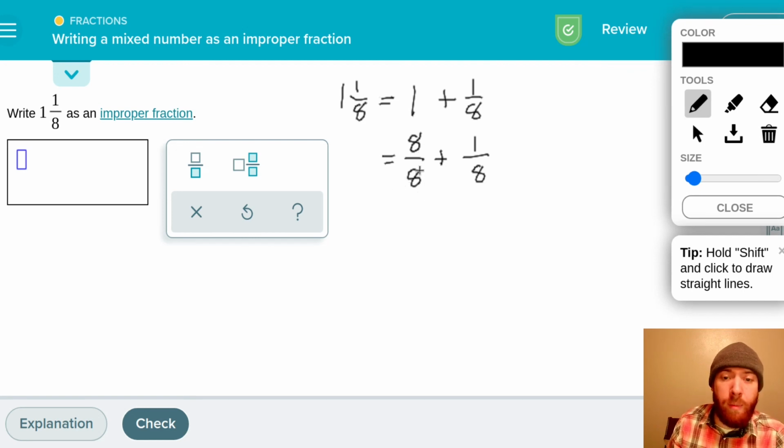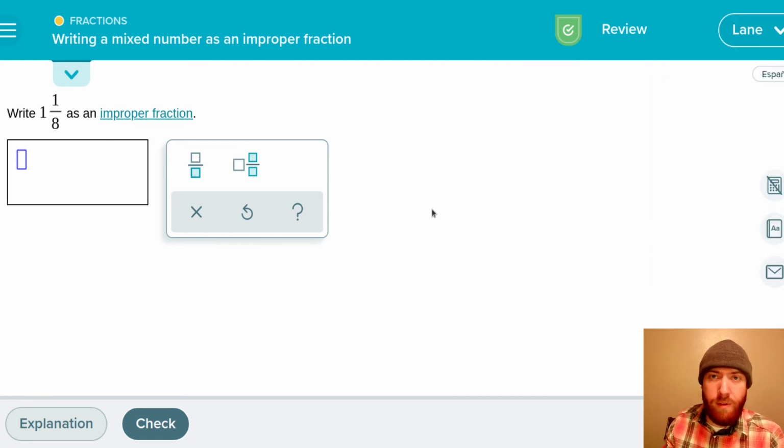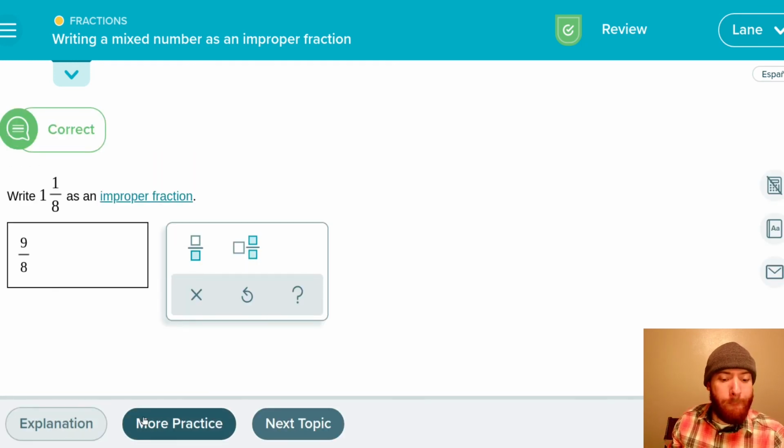Because 8 divided by 8 is the same as 1. And now we can add the two fractions. Our answer is 9/8. So 1 1/8, the mixed number 1 1/8 as an improper fraction is 9/8. Awesome.